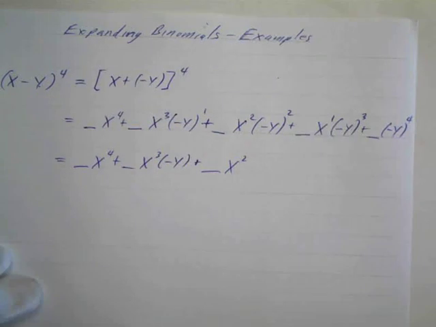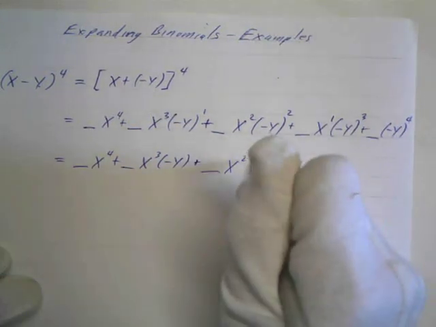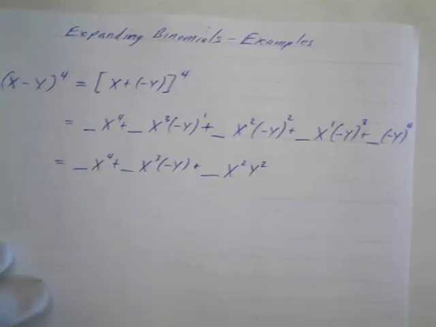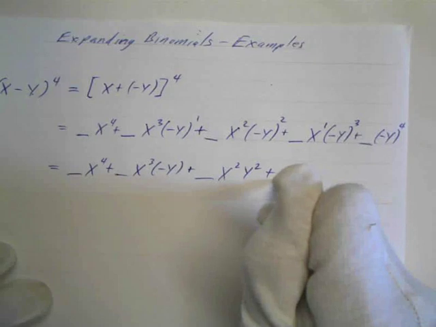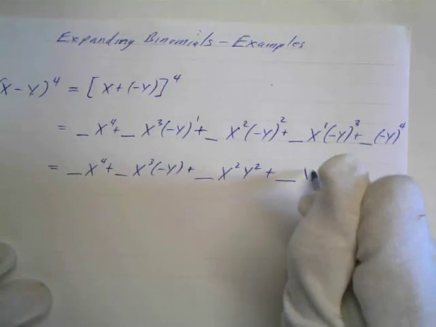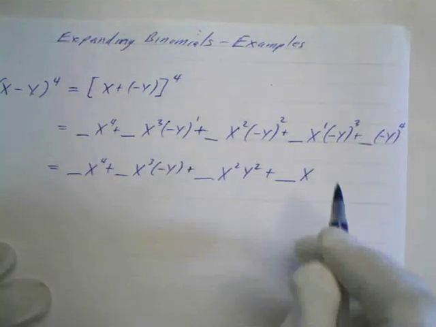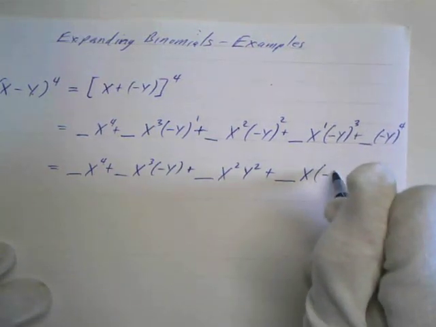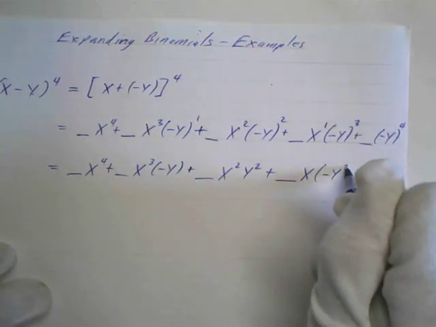And what's a negative y squared? That's just y squared. So I'll write that as y squared. And what's a negative y cubed? Well, that's just negative y cubed.